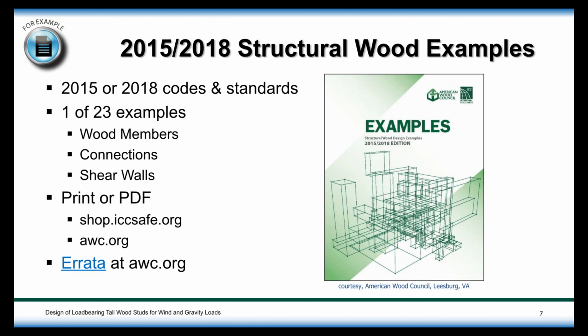Otherwise, the other 22 examples can be solved either with the 2015 or 2018 codes. So the examples look at wood members, connections, and shear walls. Again, if you're interested in these example problems, they're available either at ICC or AWC's website.